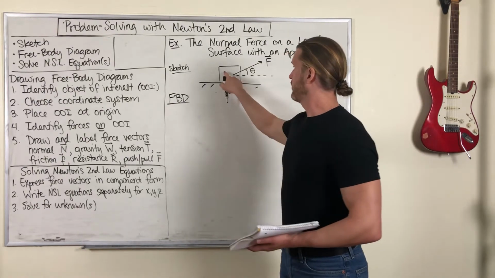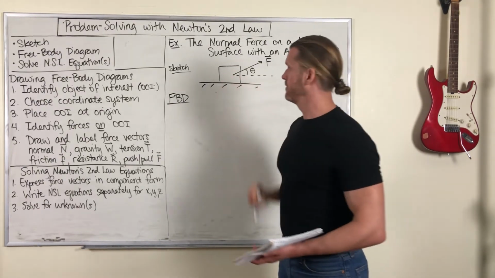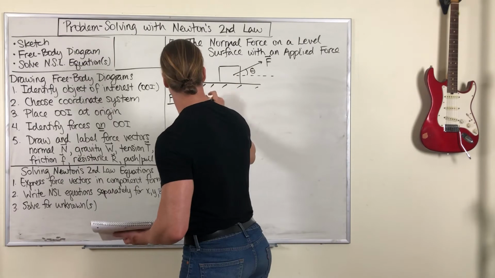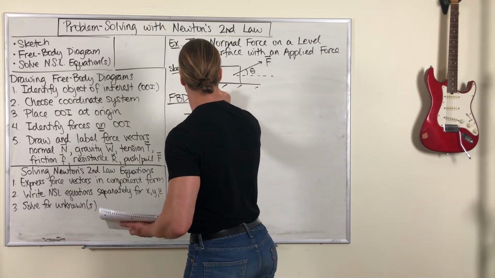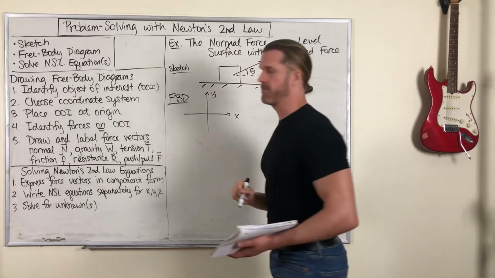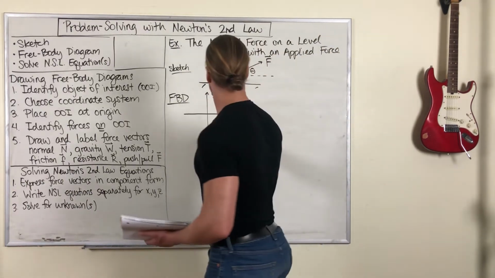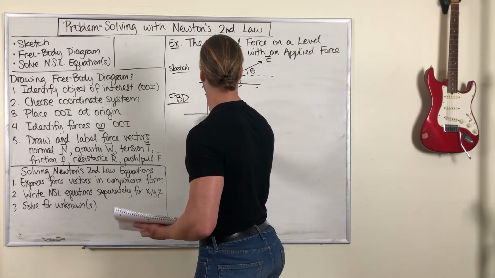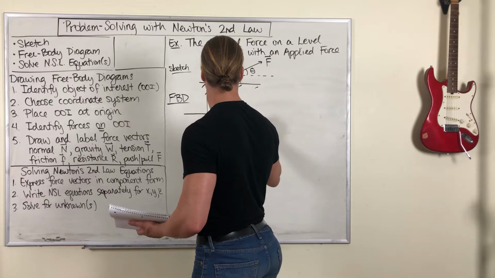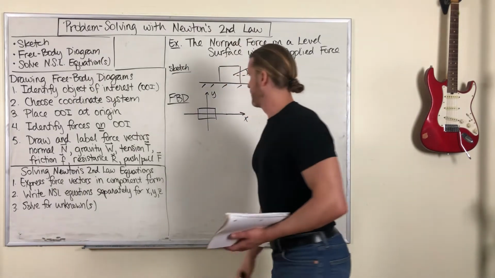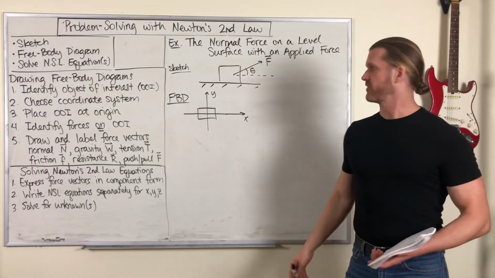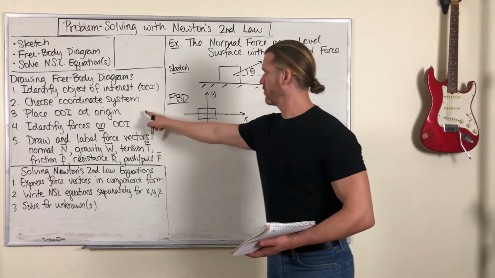The object of interest is the box. A good coordinate system is still regular old vertical, horizontal, x, y. Let me make this a little bit bigger. There's our object of interest at the origin.